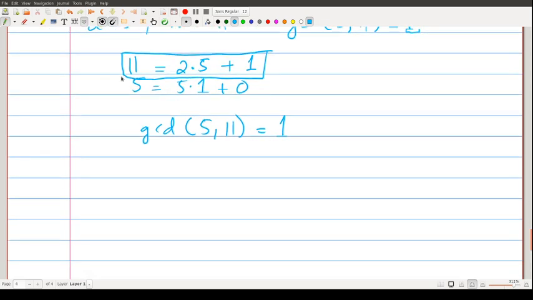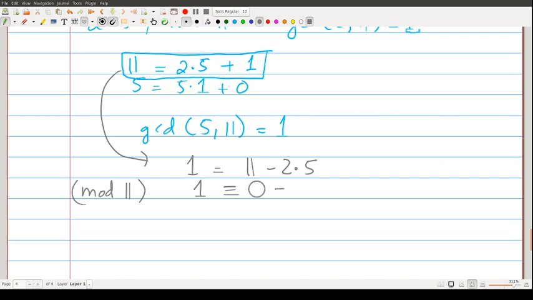And so now that you have this, you can use the idea of Bézout coefficients to write this equation as 1 equals 11 minus 2 times 5. And what this tells me is, if I convert it now to mod 11, then this becomes simply 1 is congruent to 11 divided by 11 gives me a remainder of 0, and this I can just leave as minus 2 times 5 mod 11.